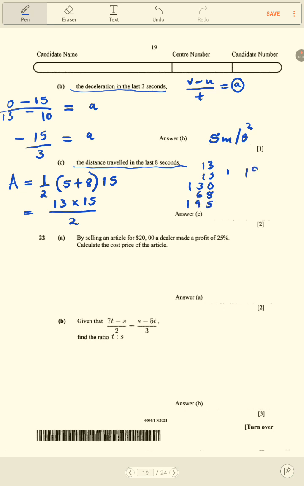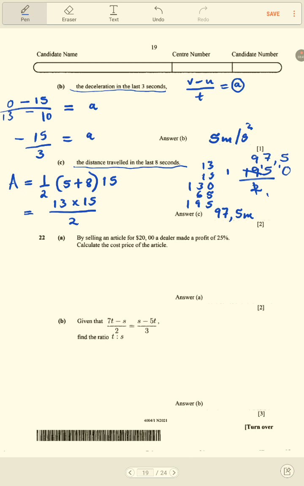So 195 divided by 2, we say 2 into 19, that's 9, remainder 1. 2 into 15, that's 7, remainder 1, and 2 into 10, that's 5, and you're going to get your answer, which is 97.5 meters.